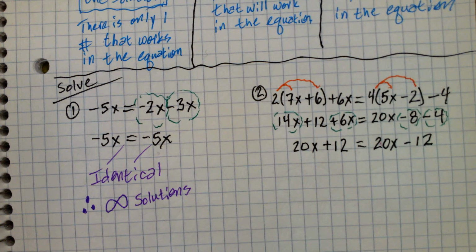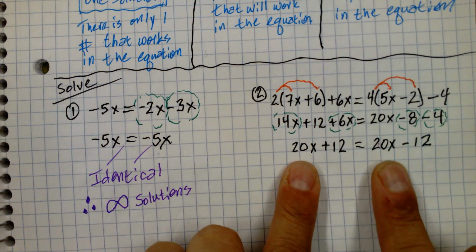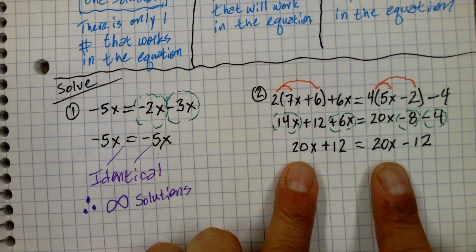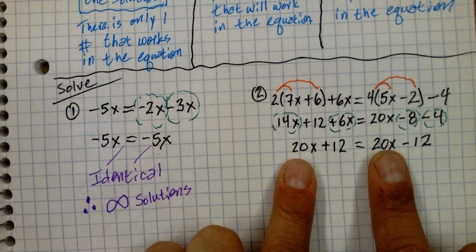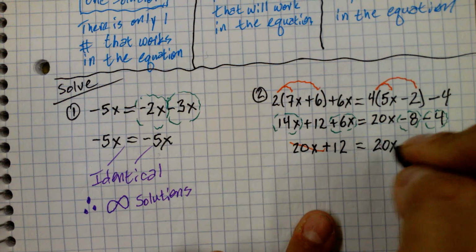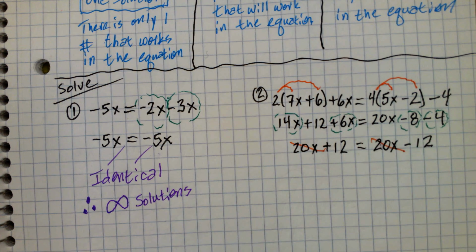Okay, let's pause here. What do we notice here? Yeah, if the variable part is identical after you've combined everything, guess what's going to happen to those 20x's? They're gone. Don't even have to show the step.